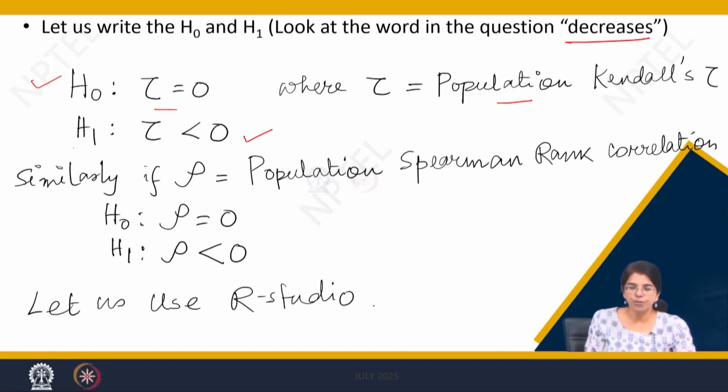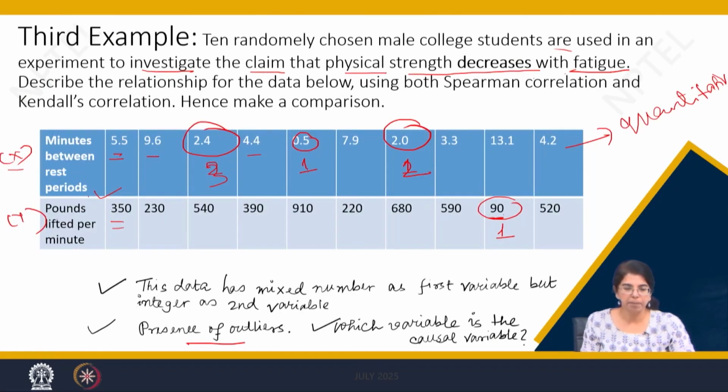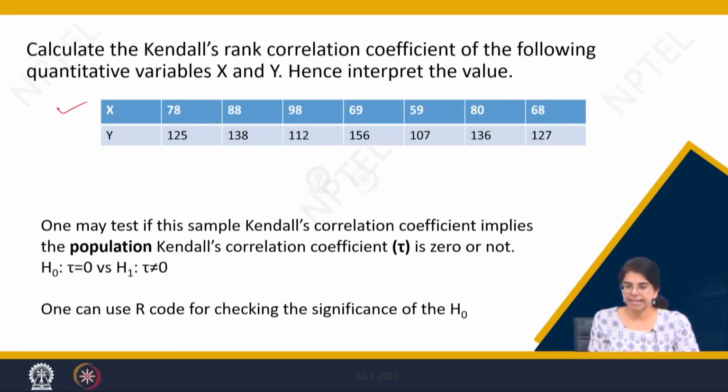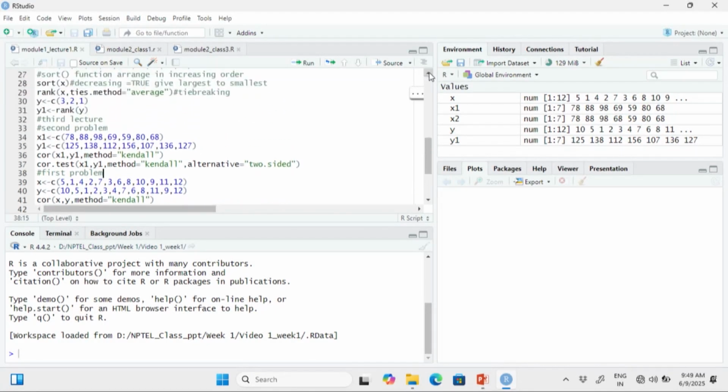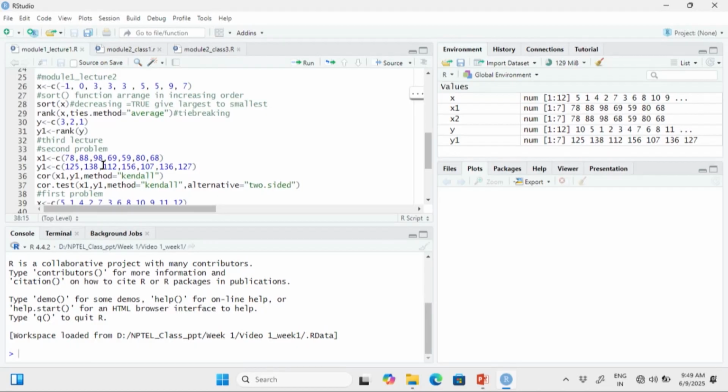Let us use RStudio for doing these couple of problems. This is the third example and the second example. We are here with the third example. First we will do the second example, the second problem.